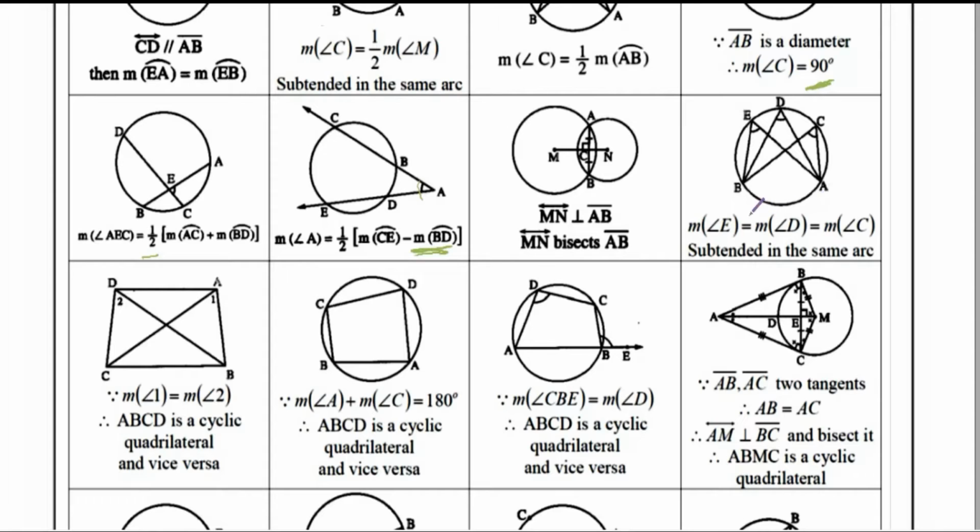All these inscribed angles have a common chord AB. What do you deduce? Very good. The measure of the angle E equals the measure of the angle D equals the measure of the angle C, subtended by the same arc AB.